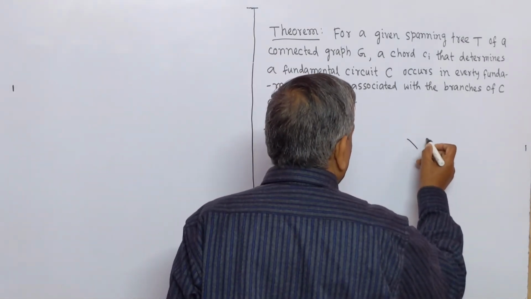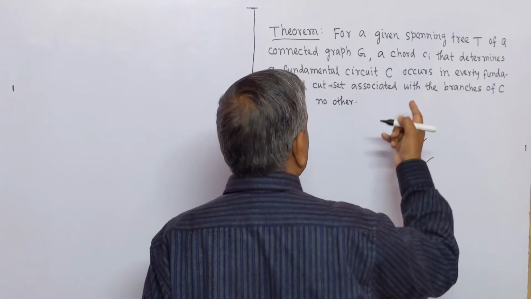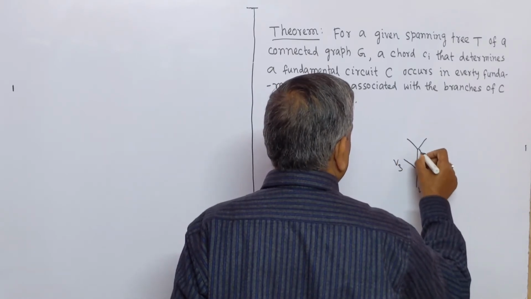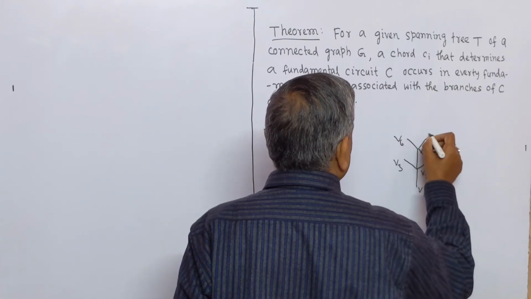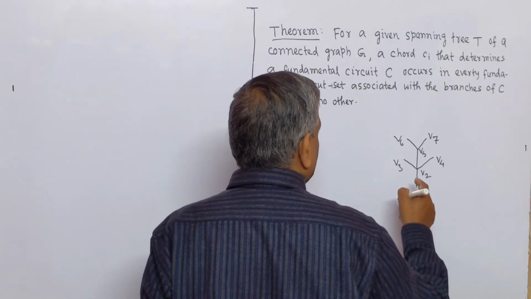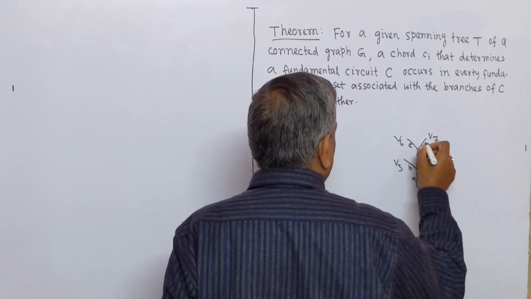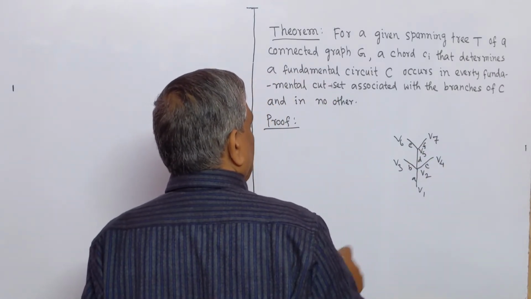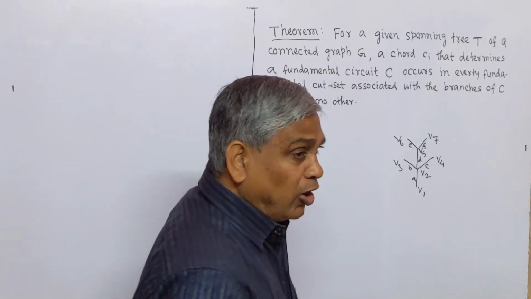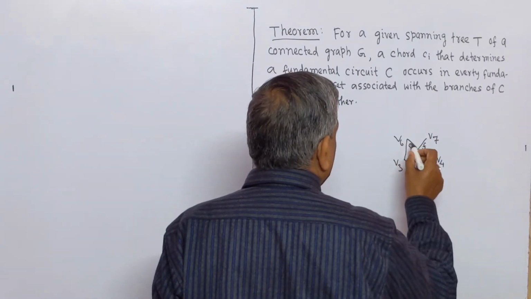See, by a particular example, we want to be clear about the fundamental circuit. Let this be a spanning tree T for a given graph G. Here V1, V2, V3, V4, V5, V6 and V7 are the vertices of the spanning tree T. Here branches are A, B, C, D, E, F. These are the branches of the spanning tree T. If we add one chord in the corresponding place, we get a circuit.